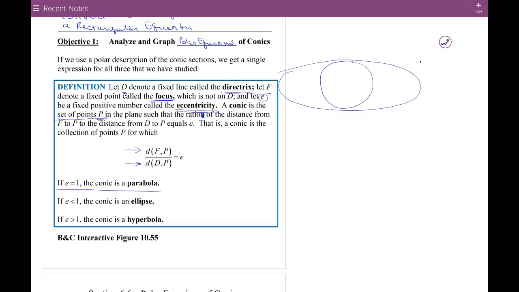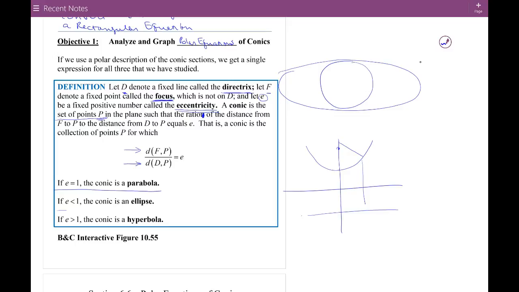So if e equals 1, then the conic is a parabola, because on a parabola, every point was equidistant from the focus and from the directrix.